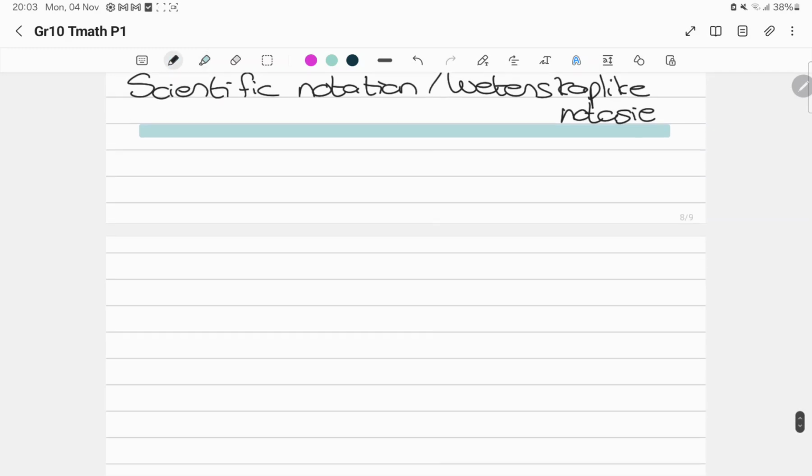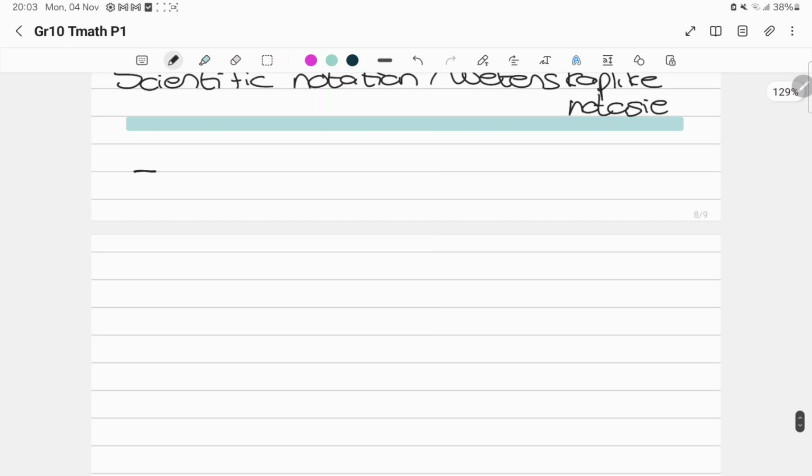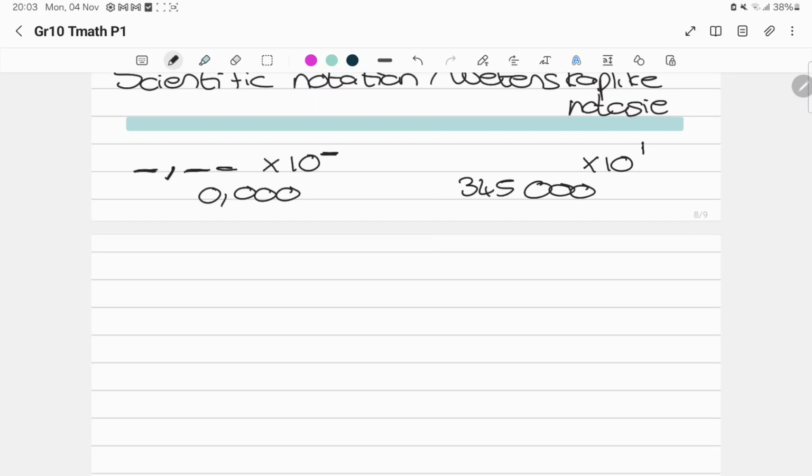Alright, but remember, it's always going to be one digit, your comma, the other digits, times 10. If it starts with zeros, then this is going to be a negative power. If it has the numbers for example 3, 4, 5, and then the zeros, then it's going to be 10 to the positive power. Okay, so one number, the other numbers times 10.